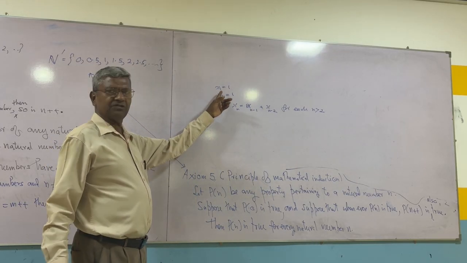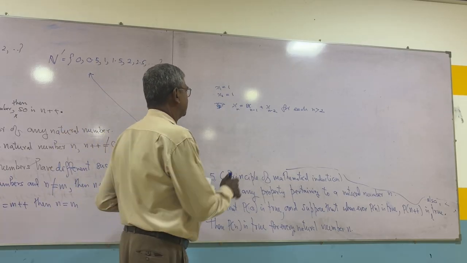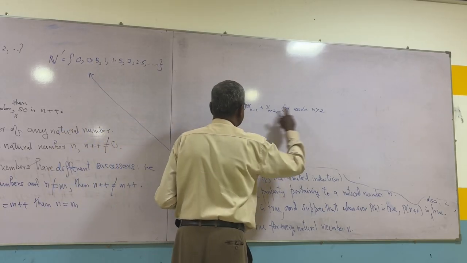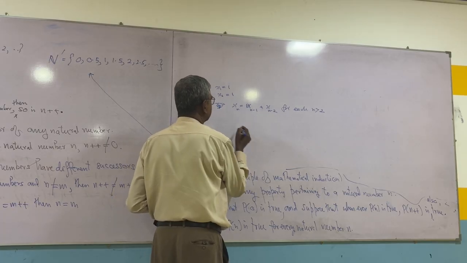You are given x1 and x2, then you say for each n greater than 2, xn is xn minus 1 plus xn minus 2.